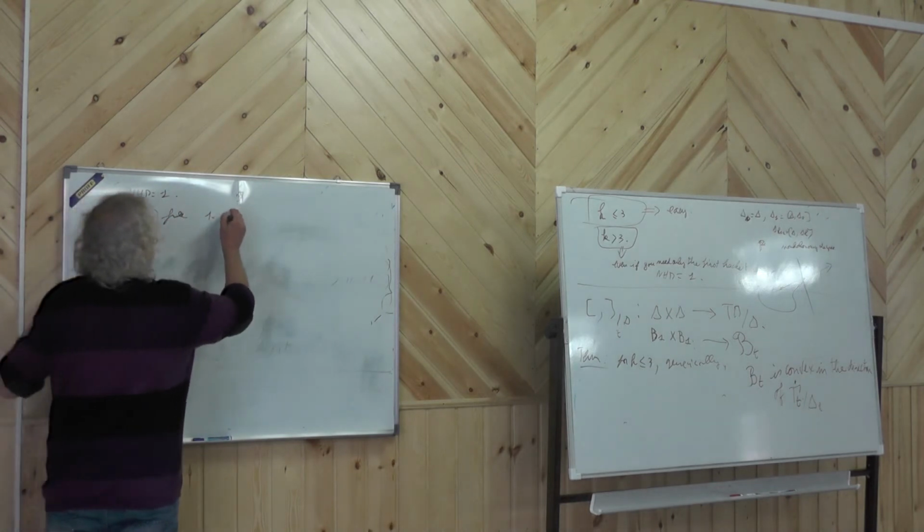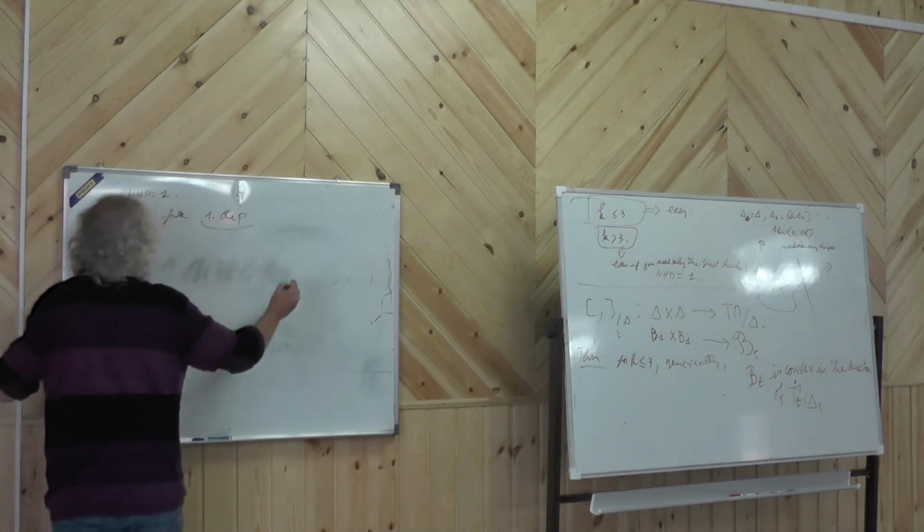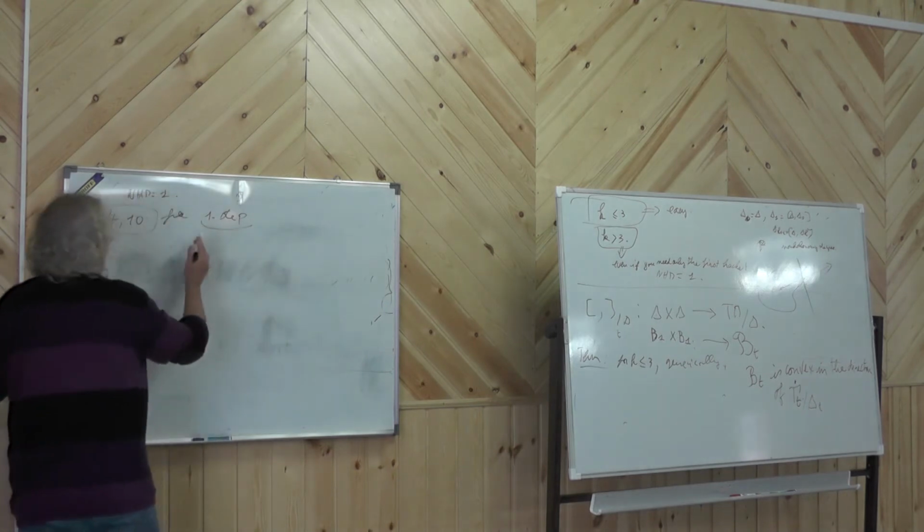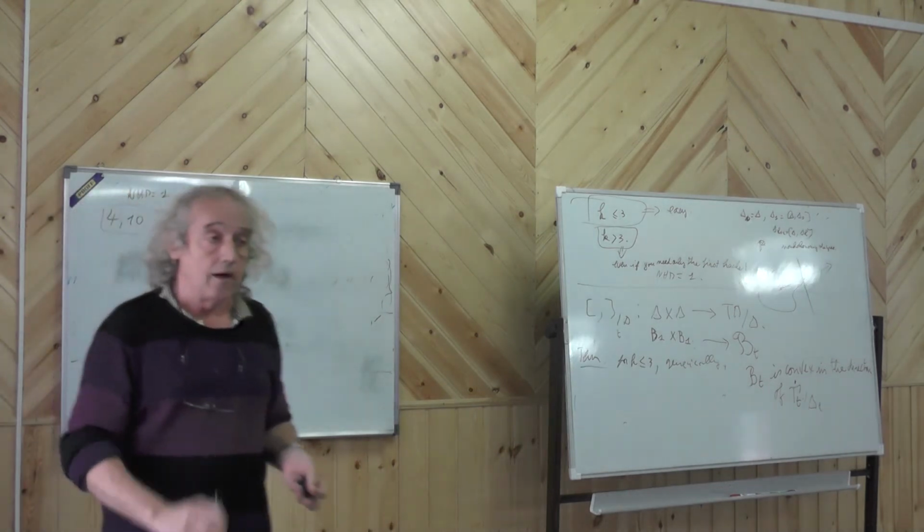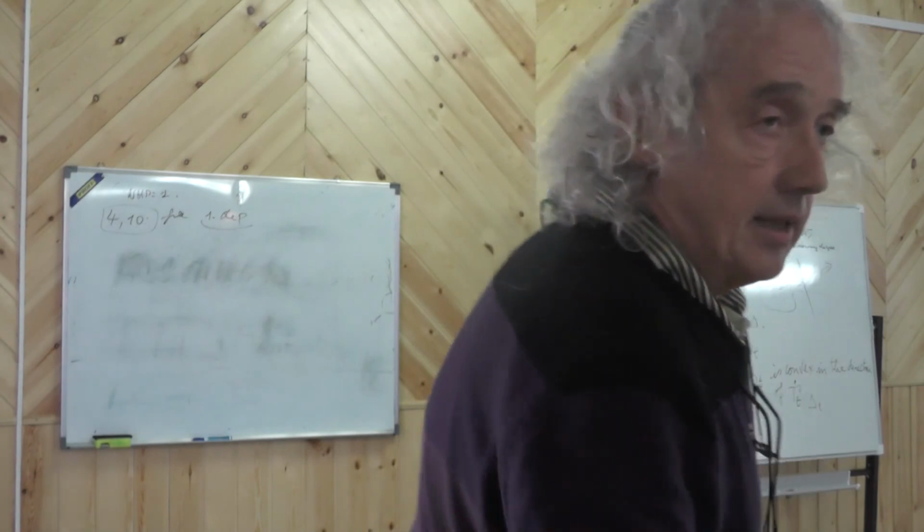Free one step because you need one bracket situation, and free because you cannot have more than 10.